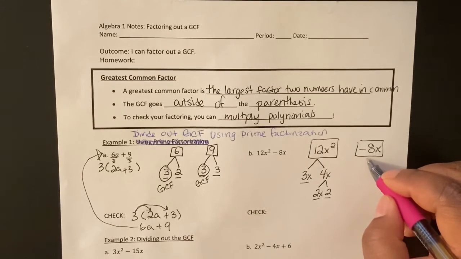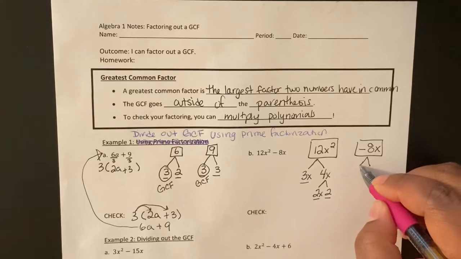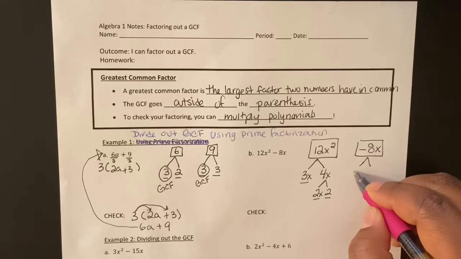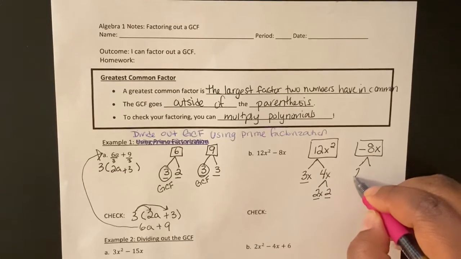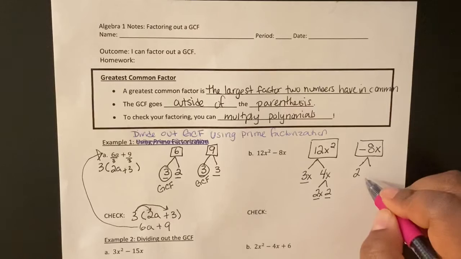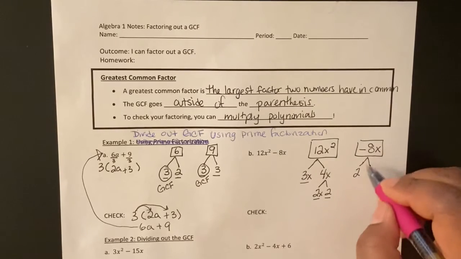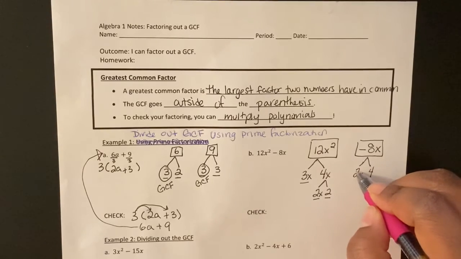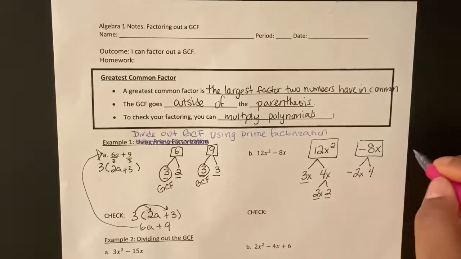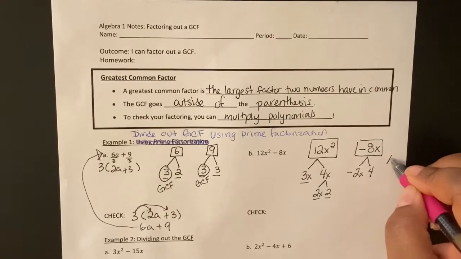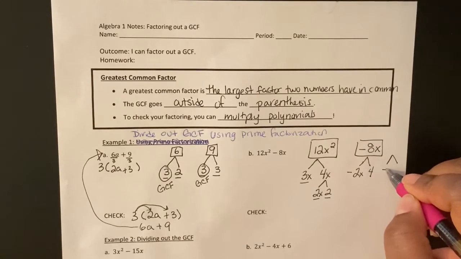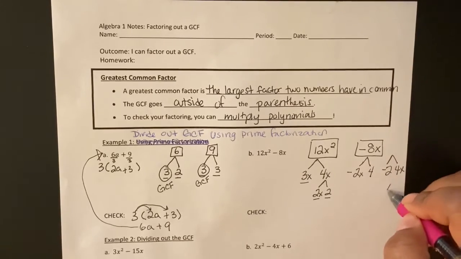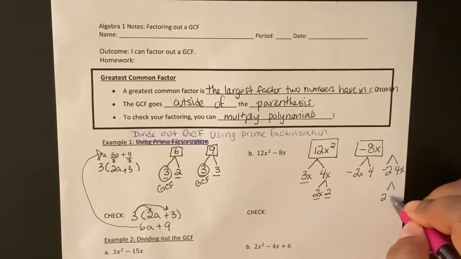Now this negative 8x can be simplified into, my largest prime would be 2. And we can do it two ways. You can do negative 2x times 4, or you can do negative 2 times 4x, or you can do 2 times negative 4x.